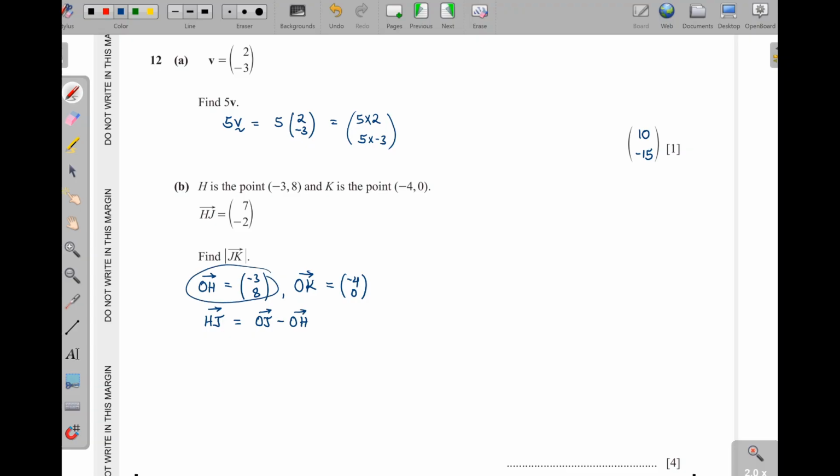So since I have OH, that means I can get OJ. So meaning OJ is going to be equal to HJ plus OH. You see that? Let me take this one here.